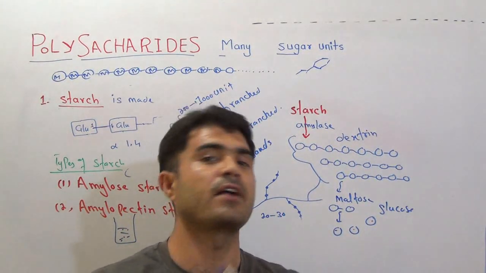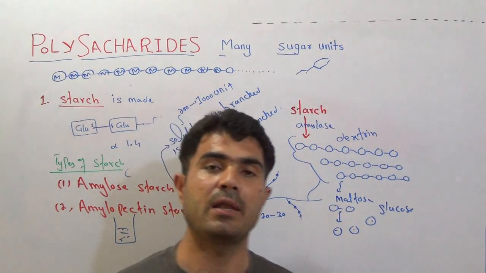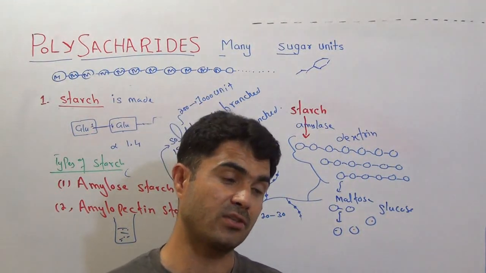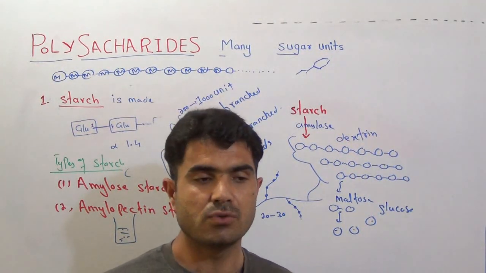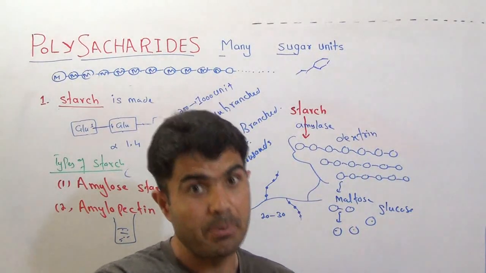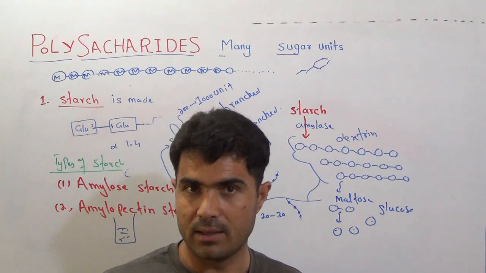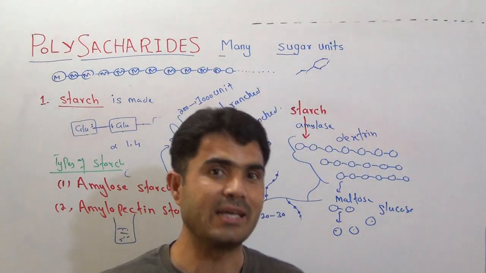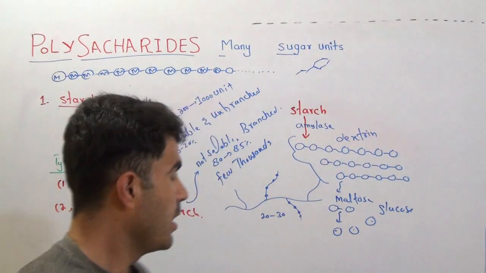This is a kind of identification. If you have an unknown sample and you want to know whether it is starch or glycogen or something else, you just mix it with iodine and check the color. If the color is blue, it is starch, and if red, it is glycogen.